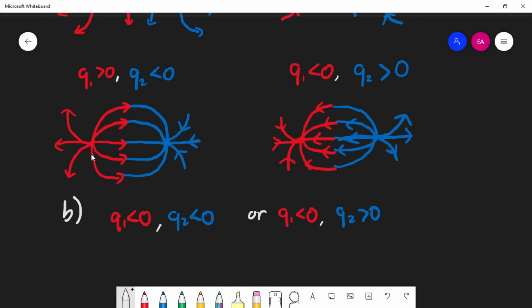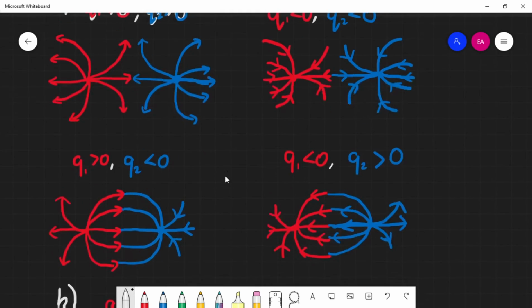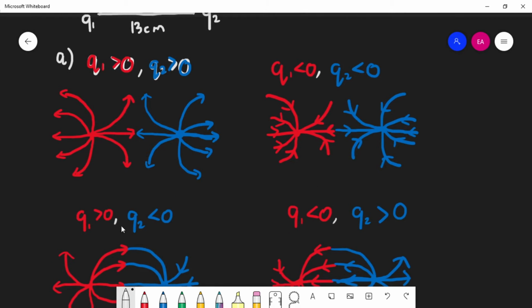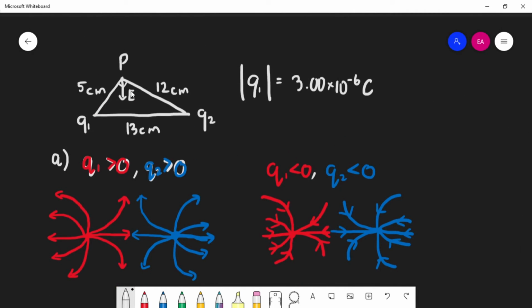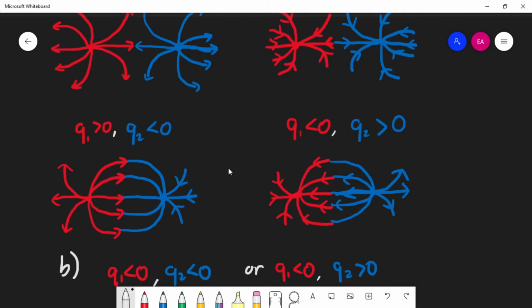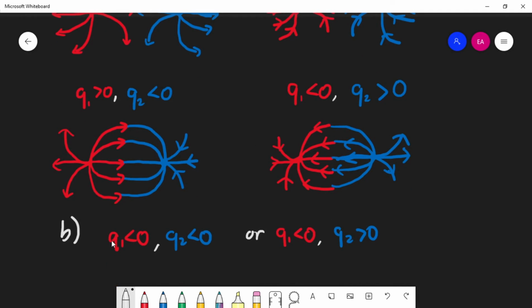We could also see that there is somewhat of a negative y direction. However, it is below Q1. And as we see, this actually applies to both cases that Q1 is positive. We could see that P is going towards the downward Y direction, and it is above Q1. So we are now just limited to both negative, or Q1 is negative and Q2 is positive.